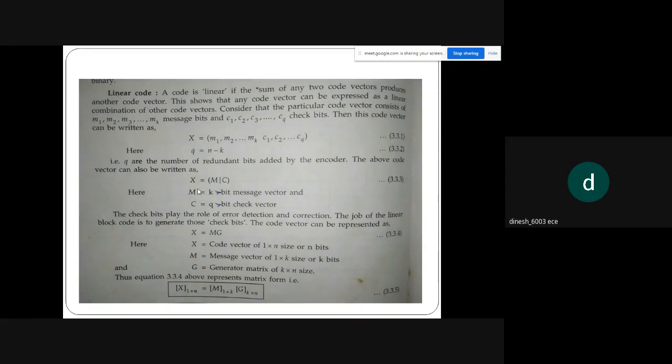So altogether we can find X equals MG. G is your generator matrix of size k cross n. In terms of matrices, X is equal to M times G, where X is 1 cross n, M is 1 cross k, and G is k cross n. So this is the size of that.